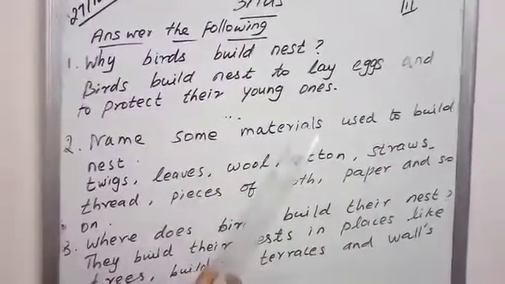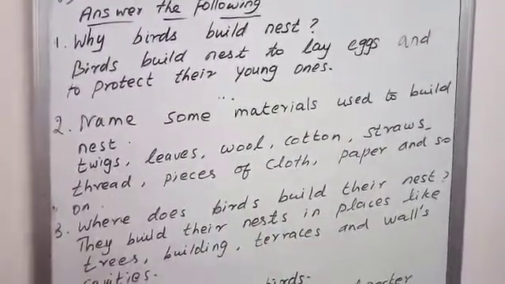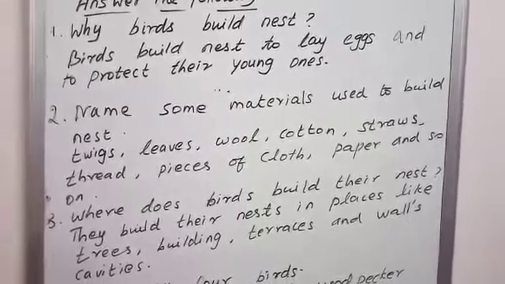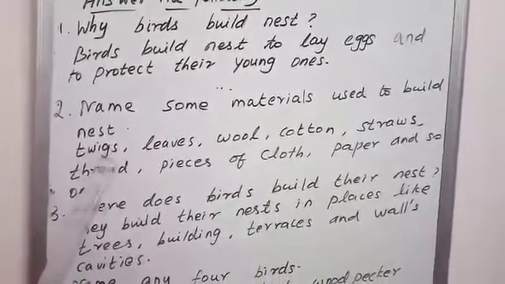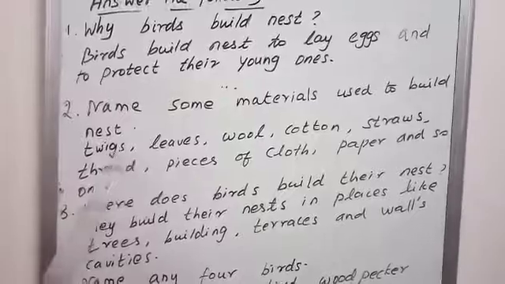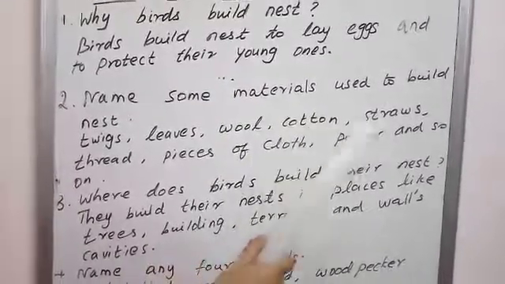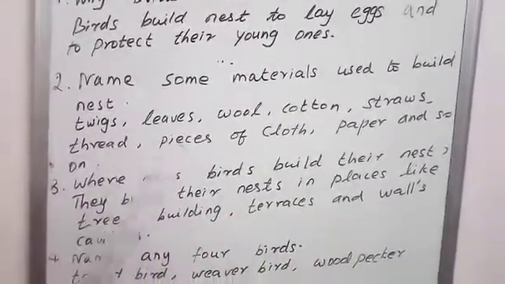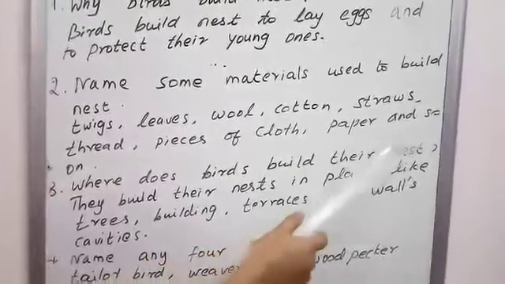So name some materials used to build a nest. If you see a nest, you can see some twigs. Twigs means chiru kuchigal. Okay, leaves, wool, cotton, straw, thread, pieces of cloth, paper, and so on.